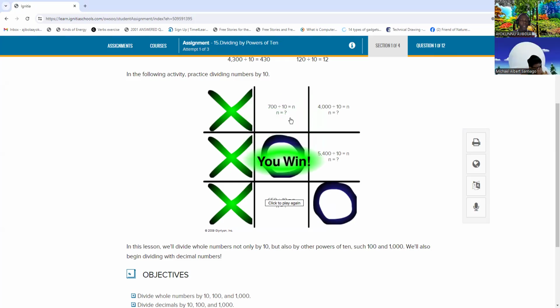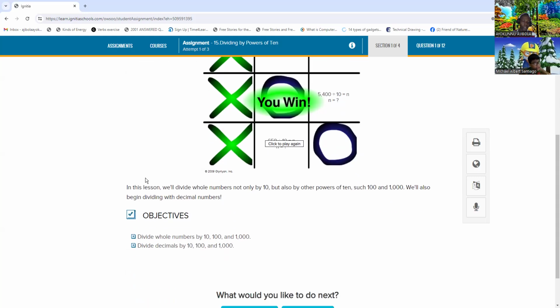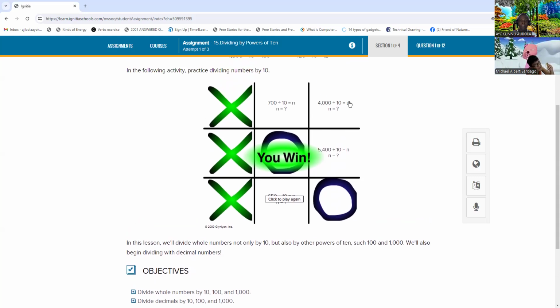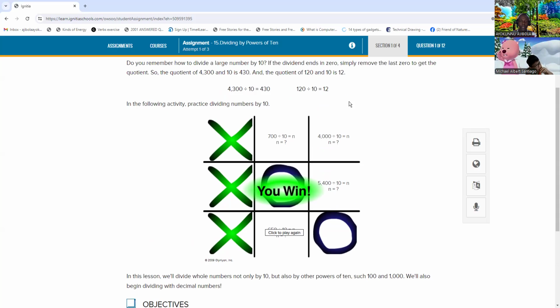Whenever you're dividing by 100, you remove how many zeros? 2 zeros. If you're dividing by 1,000, you remove how many zeros? 3 zeros. But if there are no zeros, then it means you will shift your decimal point, okay?